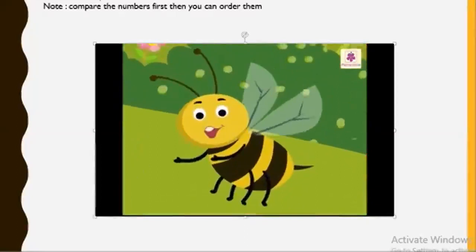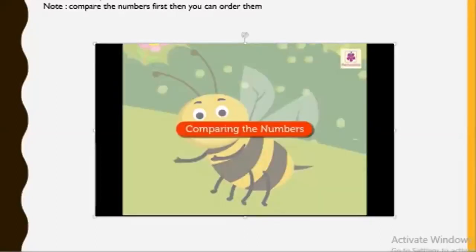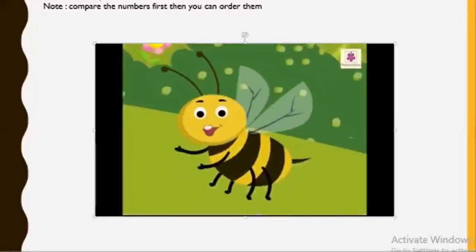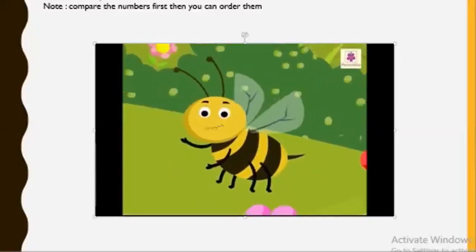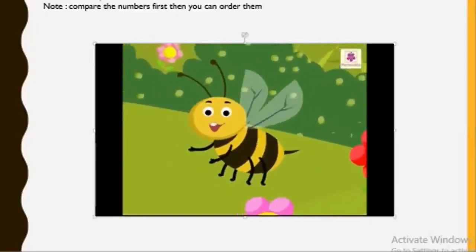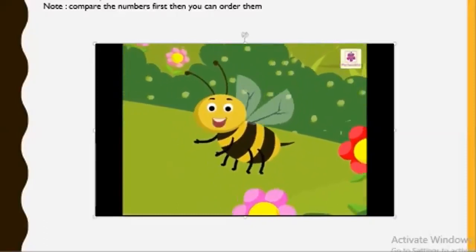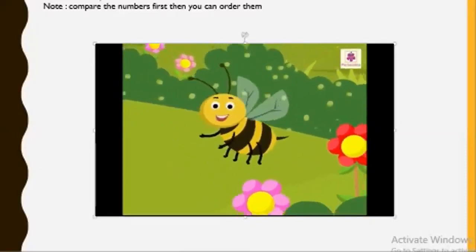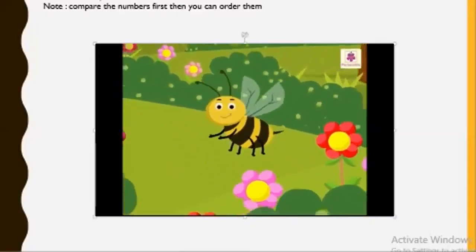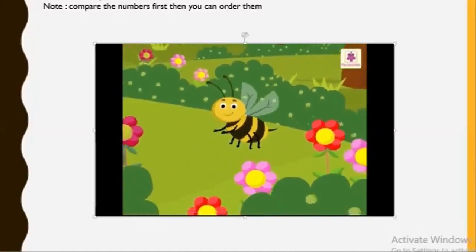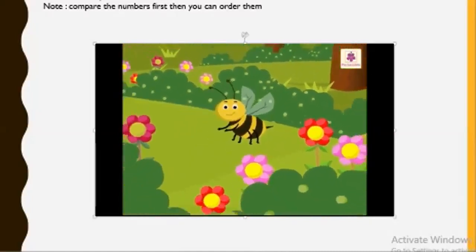I will teach you how to compare numbers. To compare 2 or more 4-digit numbers, we first look at the thousands place, then the hundreds place, then the tens place, and lastly, the ones place. Let us understand with an example.